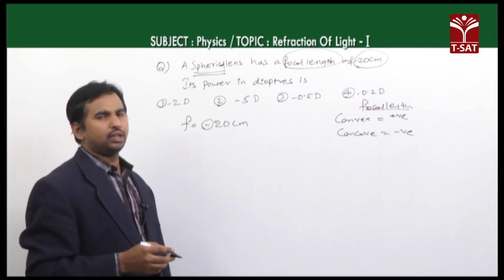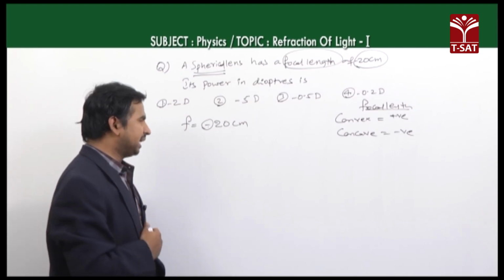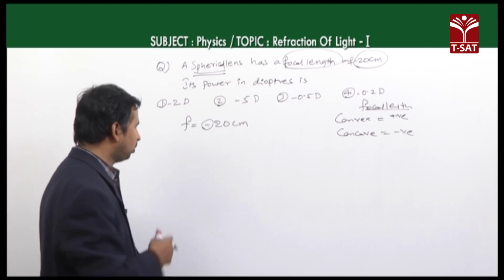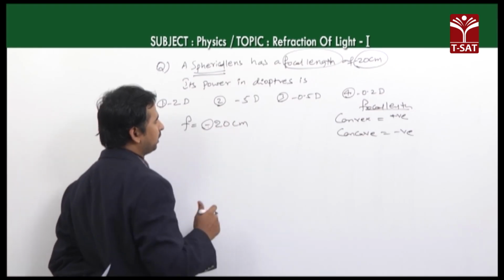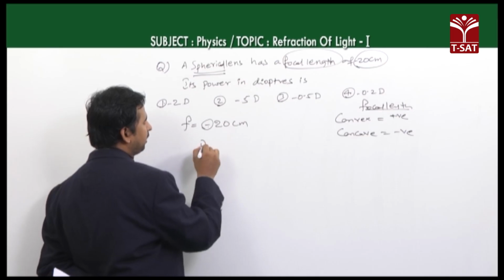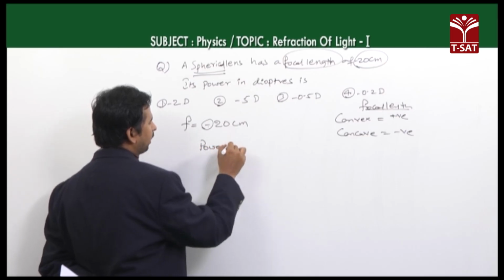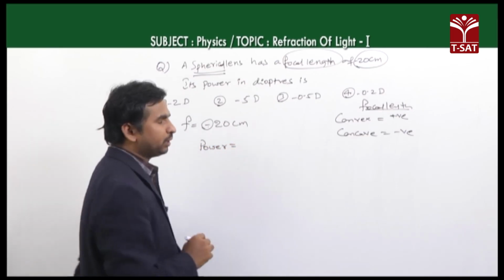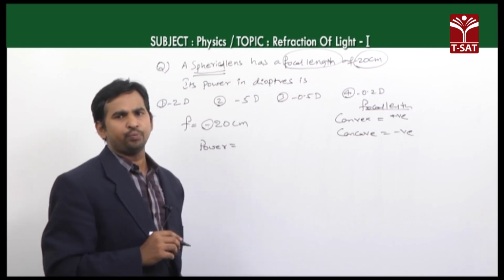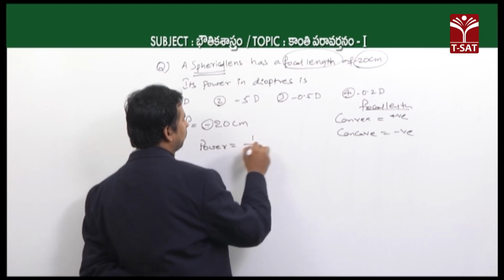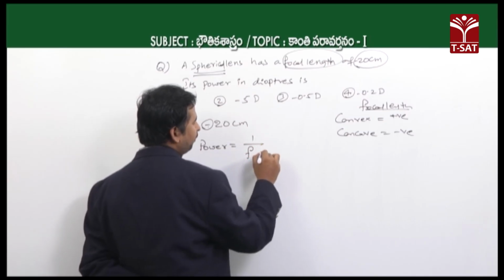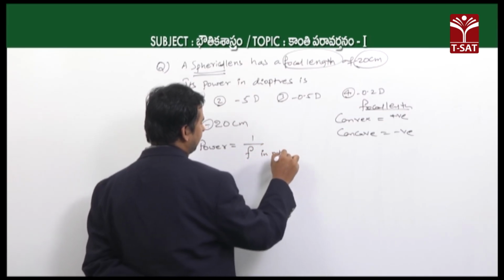And after that, the focal length is given as 20 centimeters. So, for this concave lens having focal length 20 centimeters, we are finding the power in terms of diopters. Diopter is nothing but meter inverse. So, power is equal to 1 by focal length, where focal length we have to take in meters.